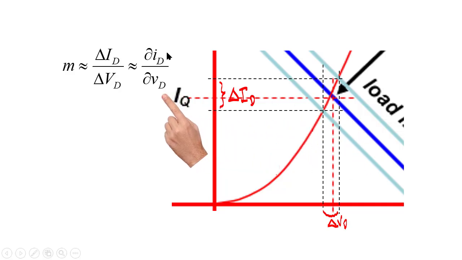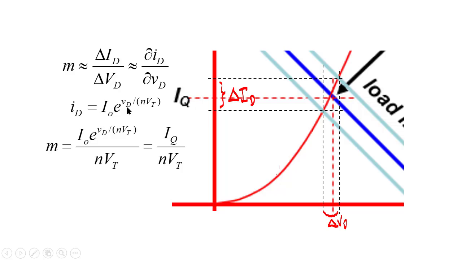That is the one that gives us the relationship between delta ID and delta VD. Because we know the current in the diode as a function of the voltage in the diode, we can find the derivative, and the inverse of that derivative will give us the relationship between delta VD and delta ID, which is a resistance, right?